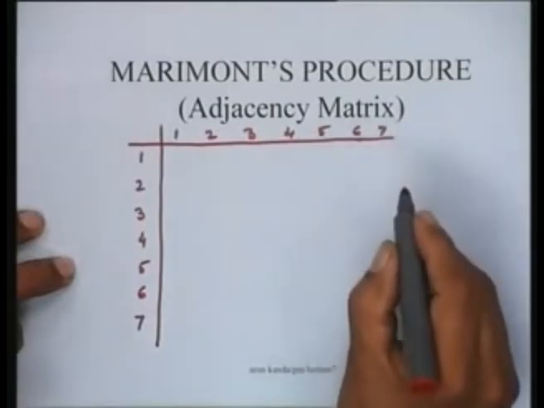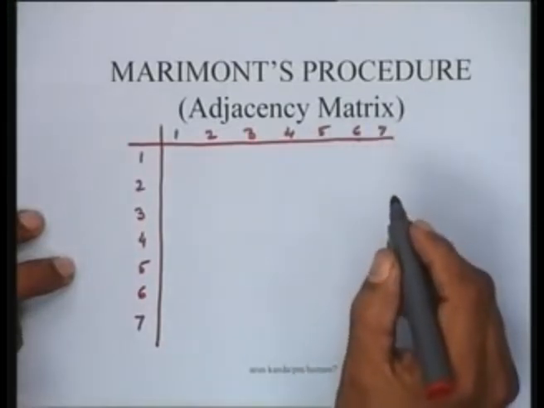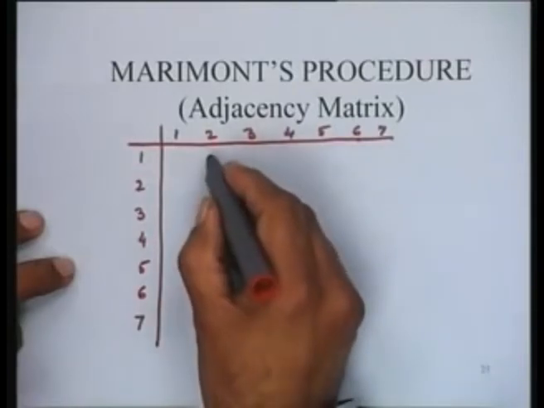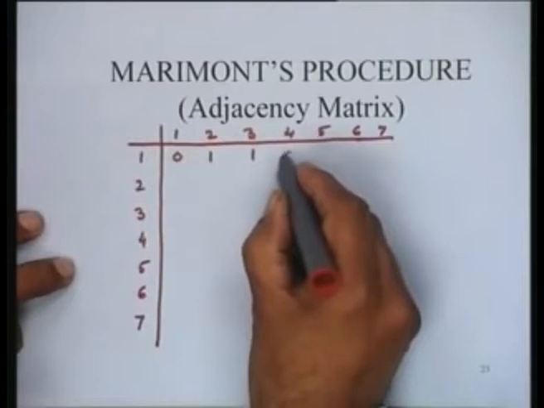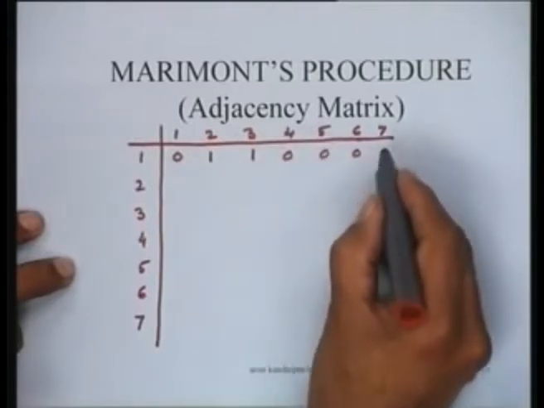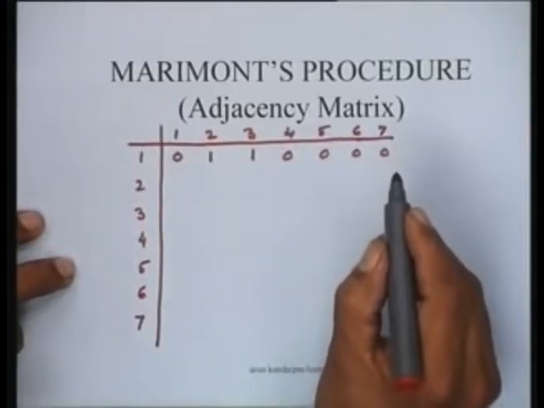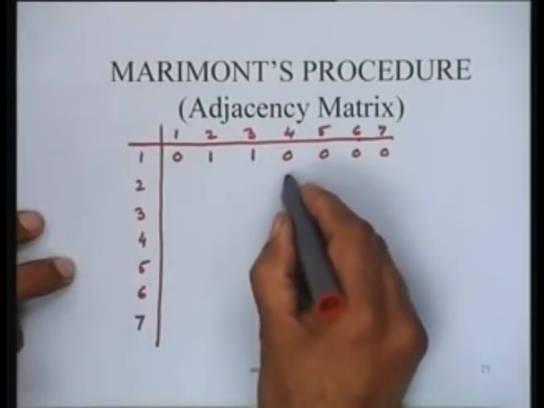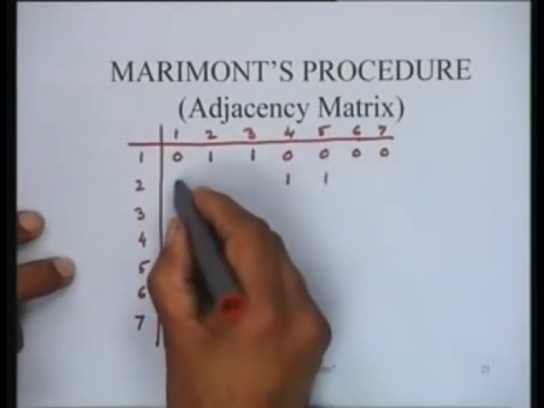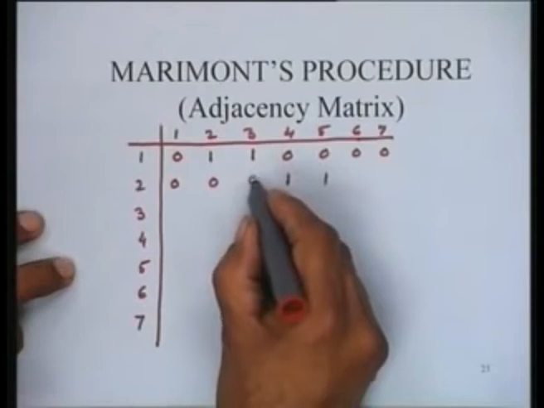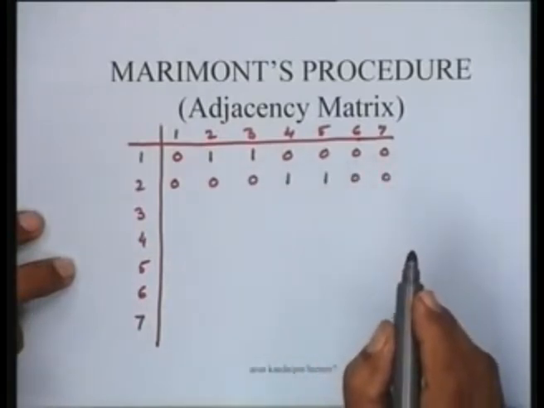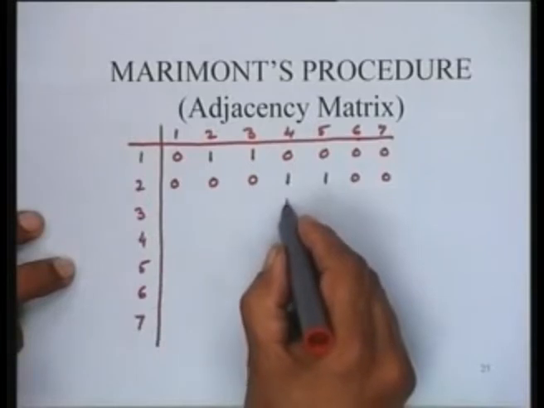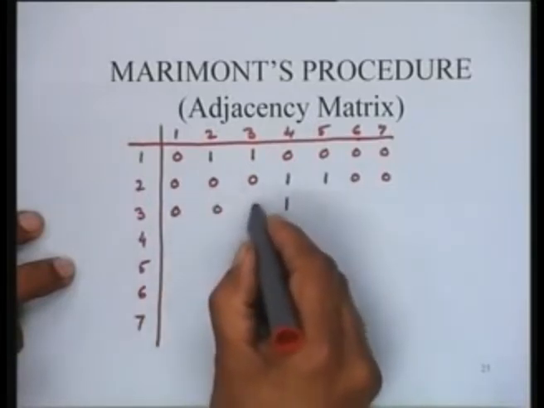you find that in the original network from node 1 there was an arc to 2 and there was an arc to 3, that was all, right. Similarly, from node 2 there were 2 arcs to 4 and 5 and there were no other arcs. From node 3 there was only 1 arc to 4 and there is no other arc here.